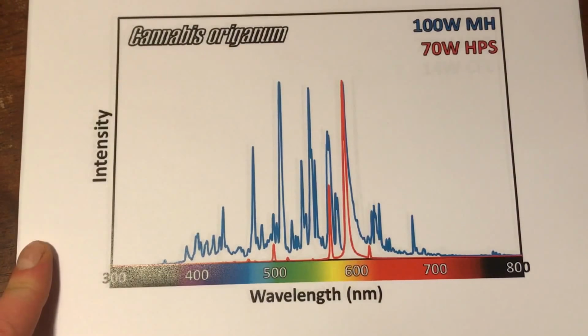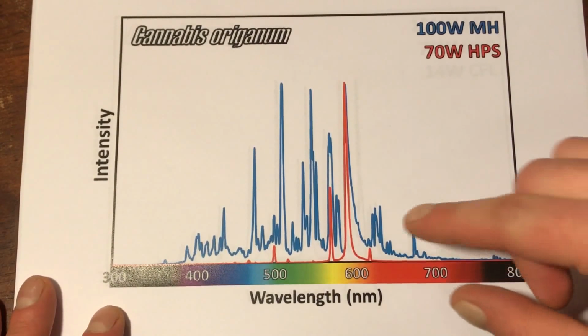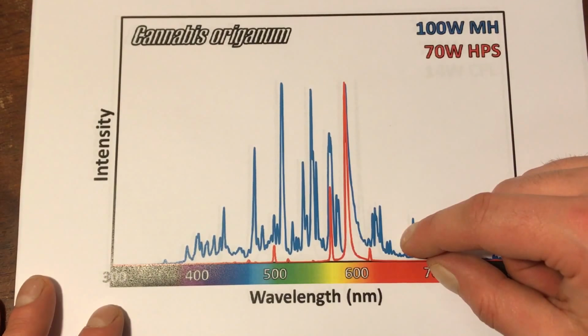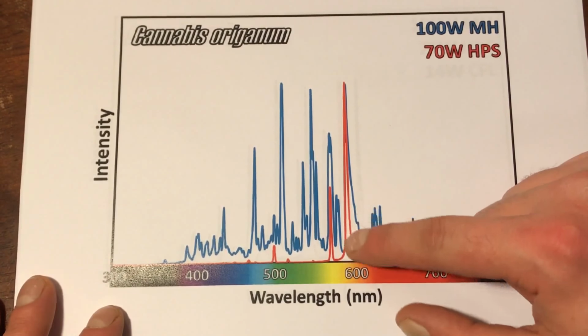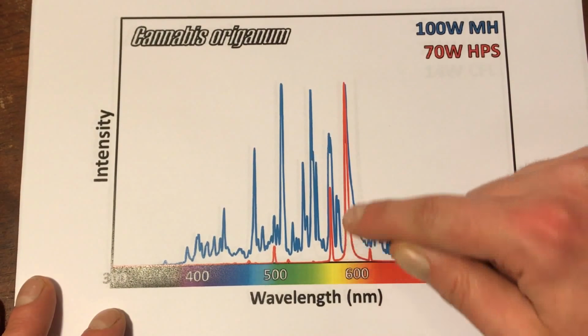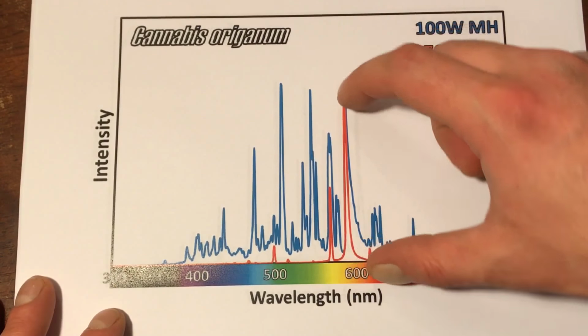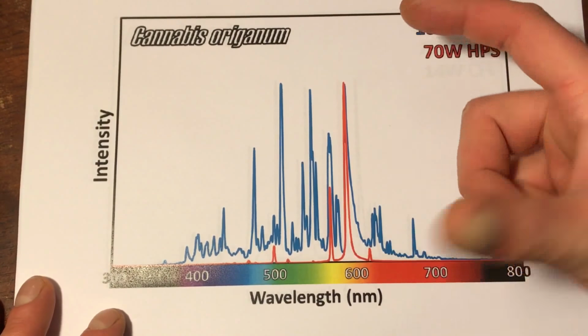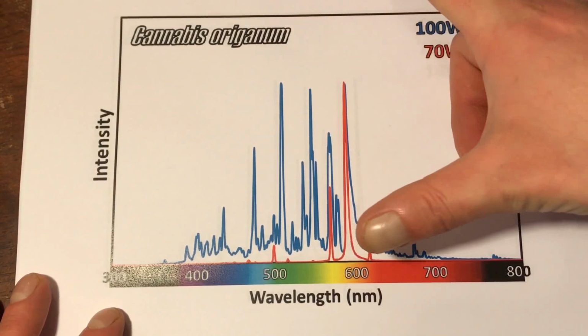So if we compare that to the metal halide now, which is in blue here, you can see that there is a significant difference. And in many ways, the metal halide has much more red intensity, has the same exact peak as the HPS. Again, remember they're normalized, so if you're looking at the real intensity, this peak of the HPS might be higher.